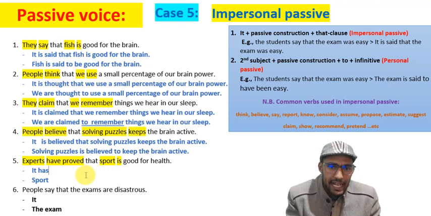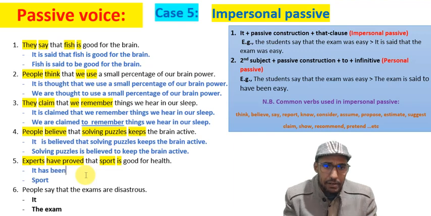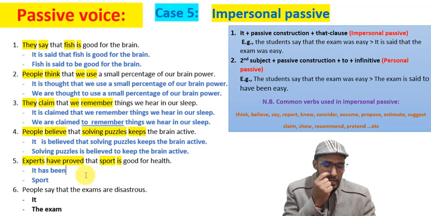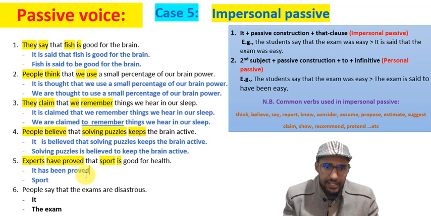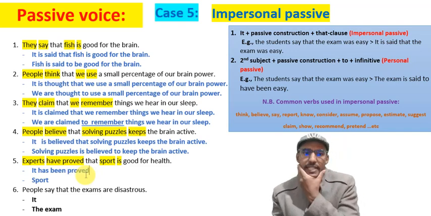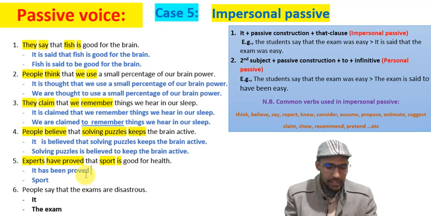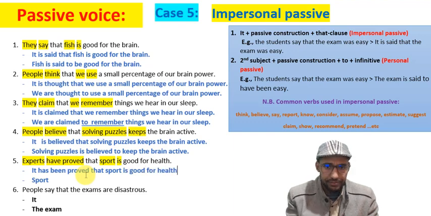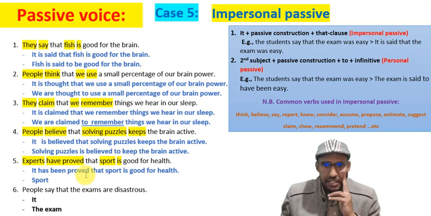So we say it has been, plus the main verb in the past participle: it has been proved that sports, guys, is good for health. Okay, very good. Full stop.